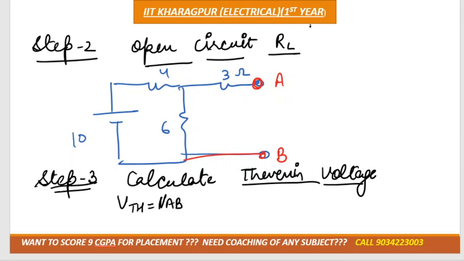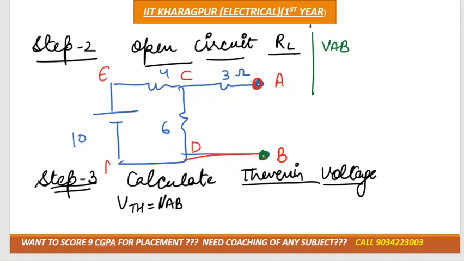So now we need to calculate VAB. Just imagine that you are standing at A position and you have to move towards B. But as you can see, there is no direct connection between A and B. So you can move from A to C, then C to D, then D to B.